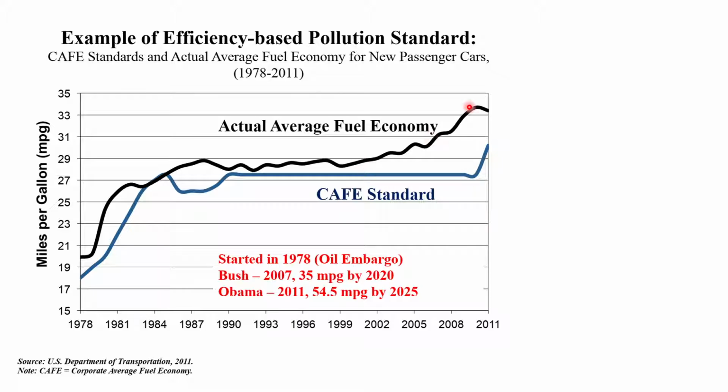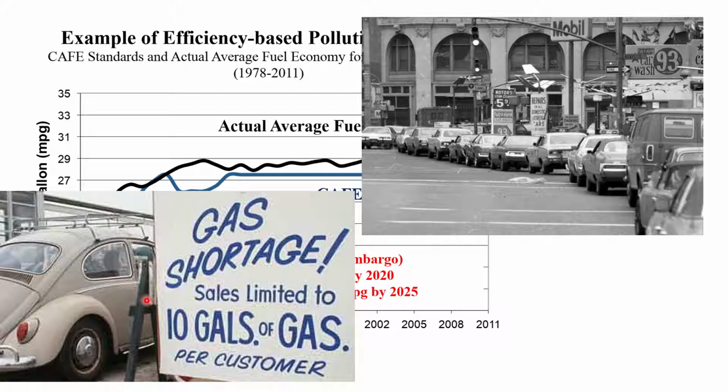Here are some pictures from the 1970s during the oil embargo. There is a long line of cars, which is what motivated the industry to create more fuel efficient cars.